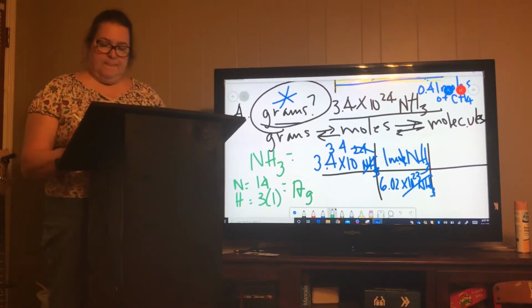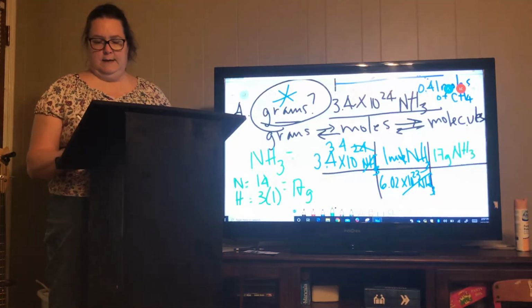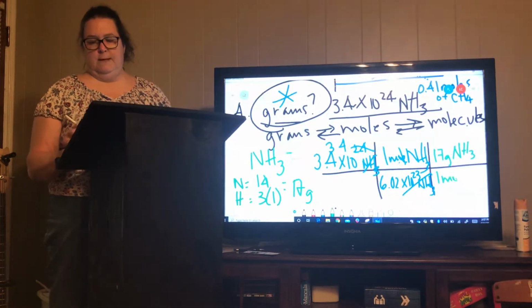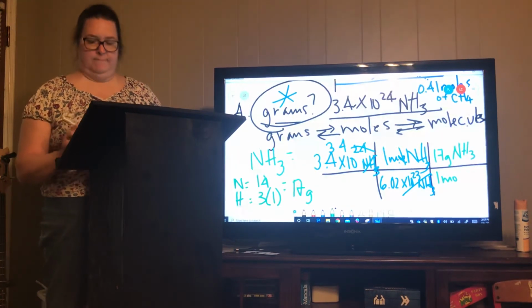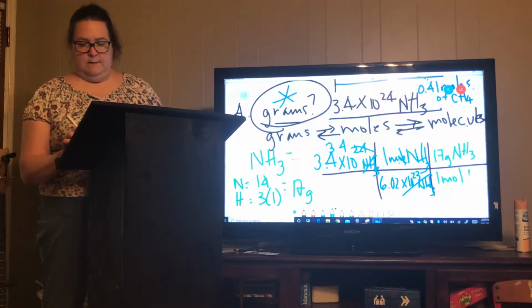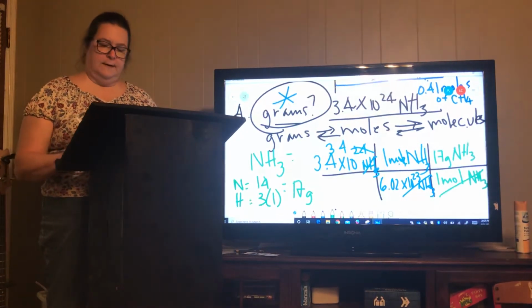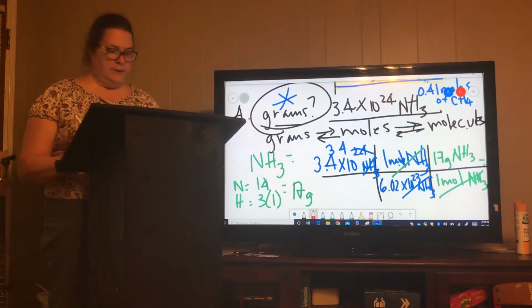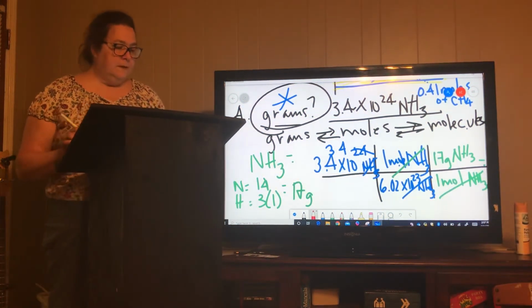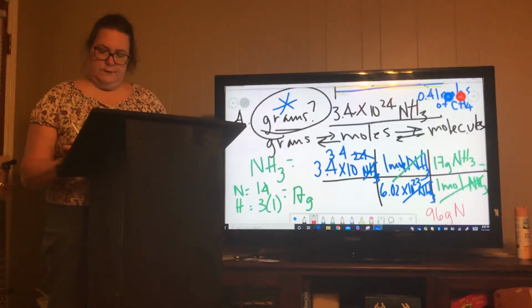I know that 17 grams of NH3 is 1 mole, that's the molecular mass of NH3. So this canceled this out, this canceled this out. When I plug and chug it in, I get 96 grams of NH3.